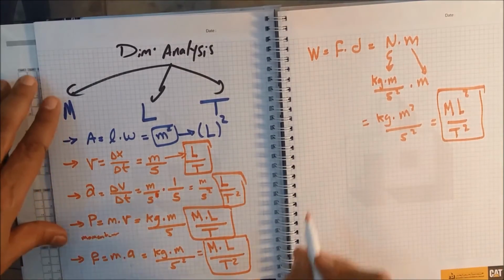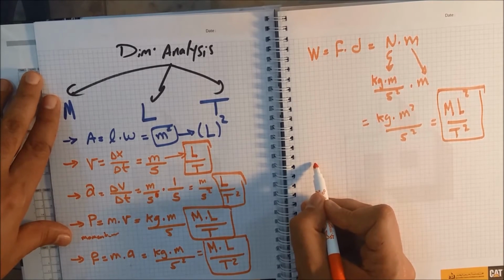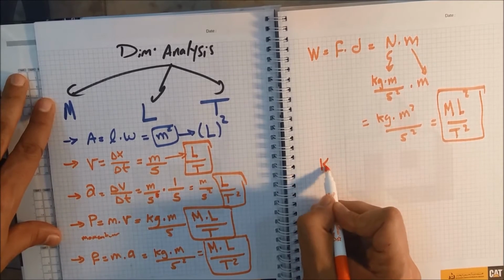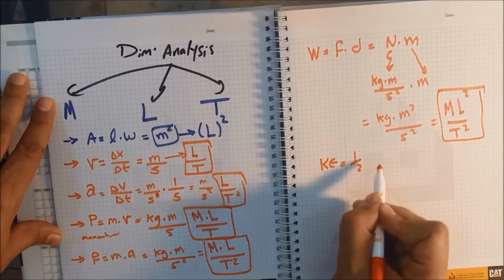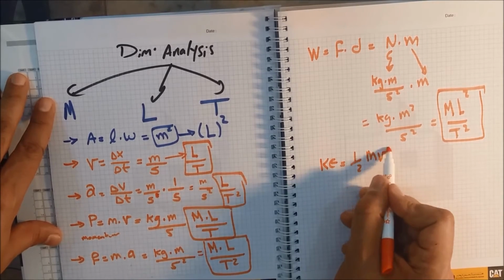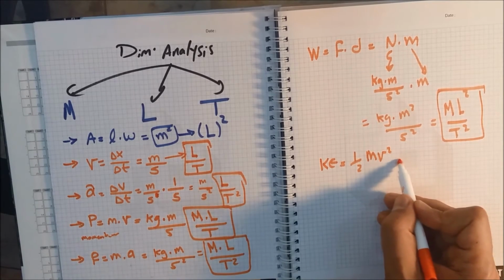Let's have another example, the kinetic energy, for example. Kinetic energy is equal to half m v squared, the mass and velocity squared. Let's get the unit.